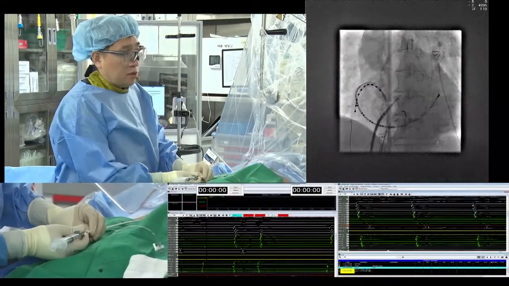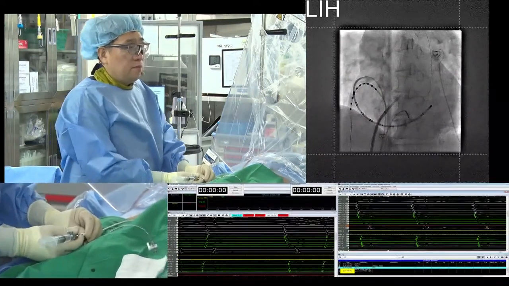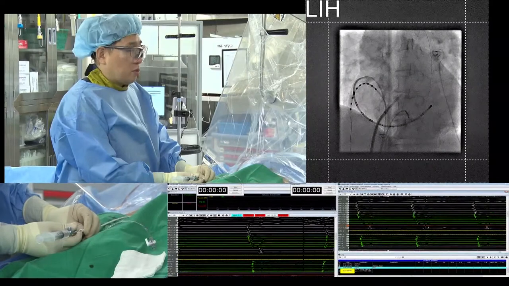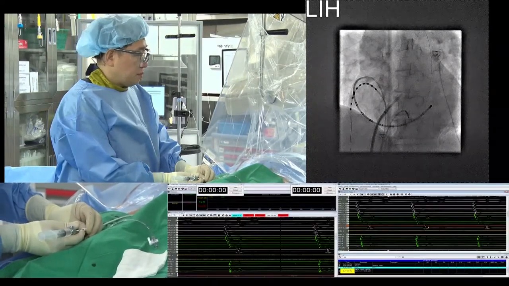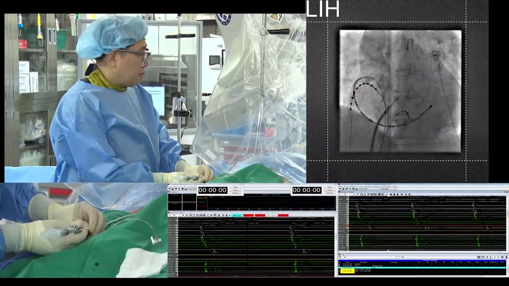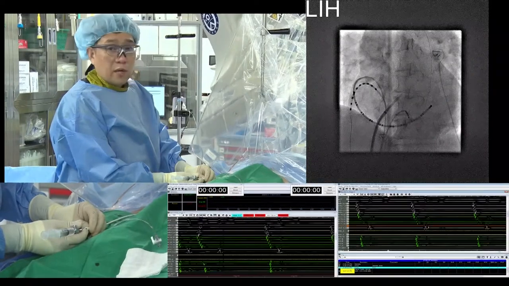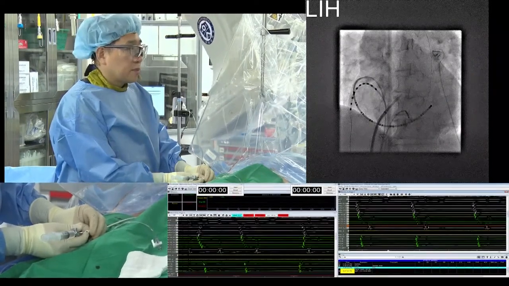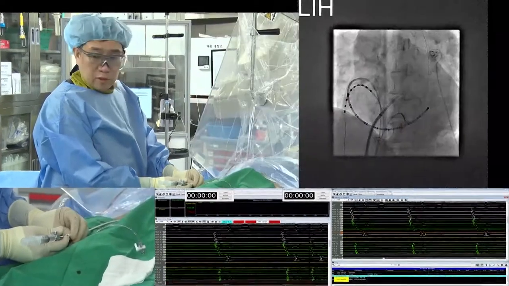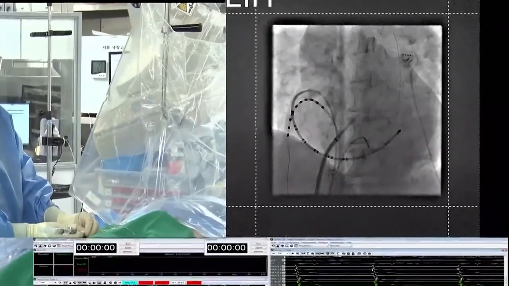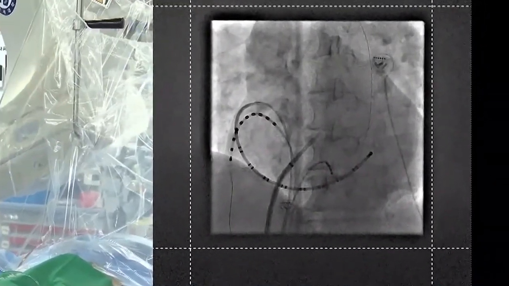If you see the ring shape, your Brockenbrough needle is tilted anteriorly or posteriorly. So you need to keep this marker in the linear position, which means you are maintaining the maximal curvature of the Brockenbrough needle.